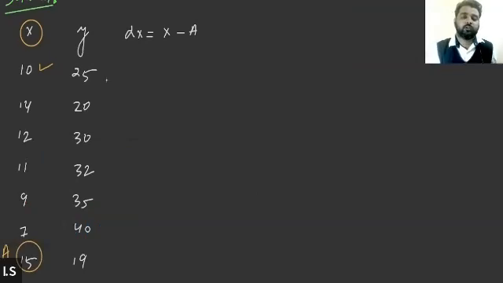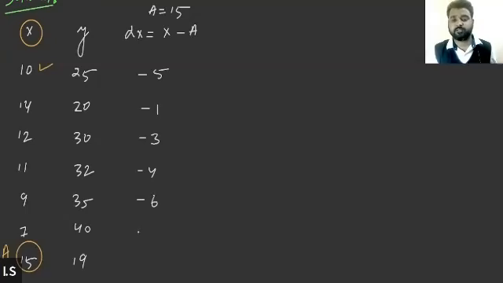Okay. Now, once you have assumed the value of the mean, you will be able to find out the deviation. Earlier we used to subtract the mean, but this time we will subtract the assumed mean. So 10 minus 15, A we have taken as 15, will be minus 5. Then 14 minus 15 will be minus 1. 12 minus 15 will be minus 3. 11 minus 15 will be minus 4. 9 minus 15 will be minus 6, and 7 minus 15 will be minus 8, and 15 minus 15 will be 0.